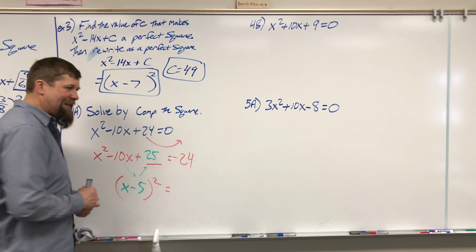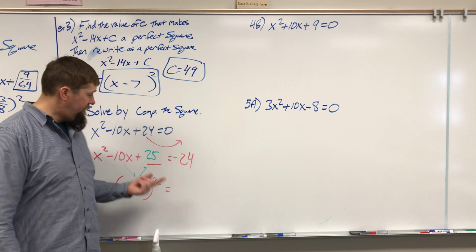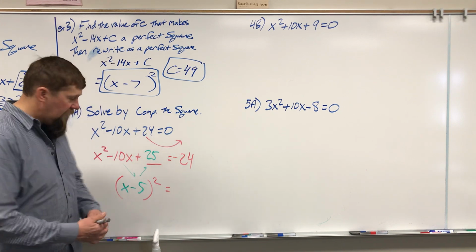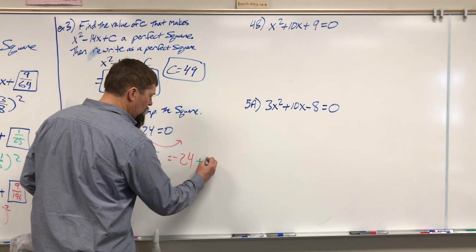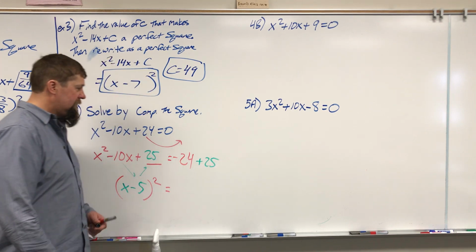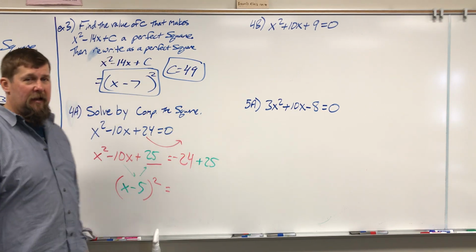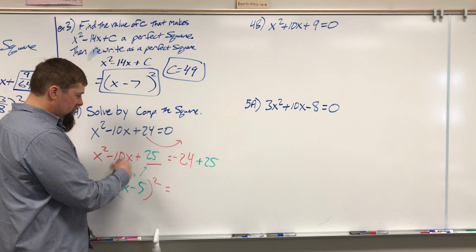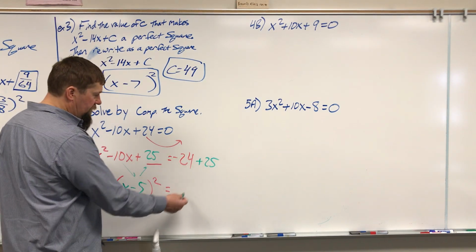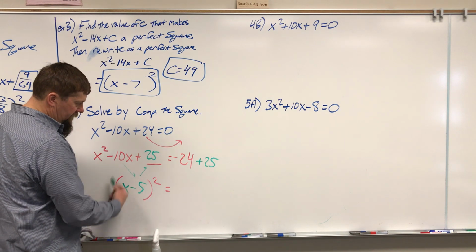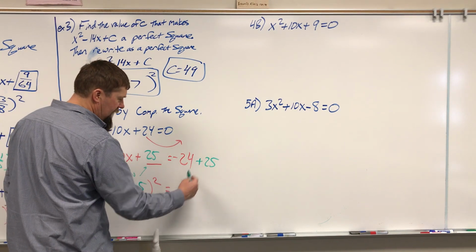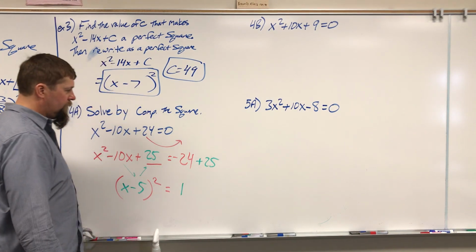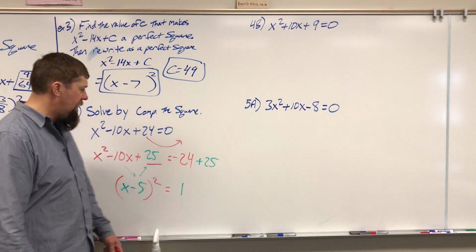Now, I cannot just add 25 to the left side. I must also add 25 to the right side to keep the equation balanced. As long as I keep the equation balanced, I should be able to now just simplify. I simplified this as a perfect square. I'm going to simplify this as positive 1, negative 24 plus 25.